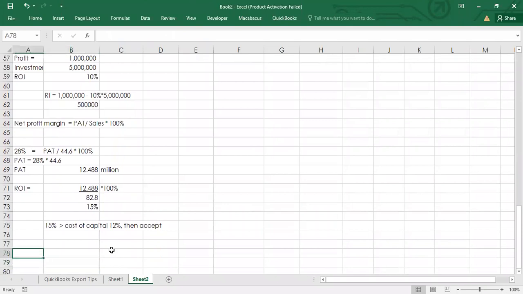All right. Then let's do residual income. Residual income, it's still the profit, which I've just gotten as 12.488 million. To compute it, we deduct the nominal interest.